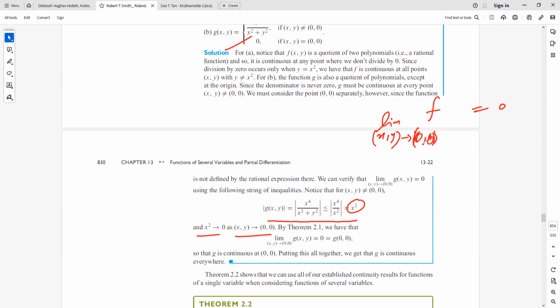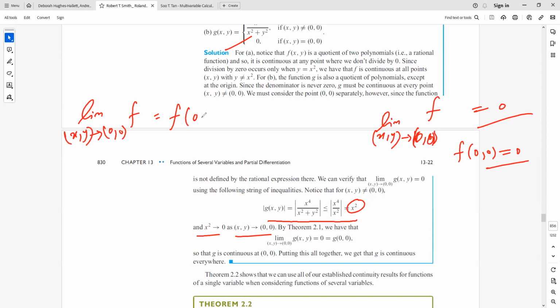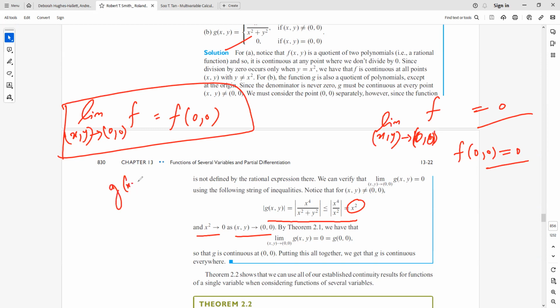And the value of the function at 0 comma 0 is also given as 0. Therefore, the value of the limit and the value of the function are equal. That is, it is satisfying the definition of continuity. So the limit as x, y goes to 0, 0 of f equals the value of the function at 0, 0. This is what we learned as the definition of continuity. Therefore, we can say that the given function g of x comma y is continuous, right?